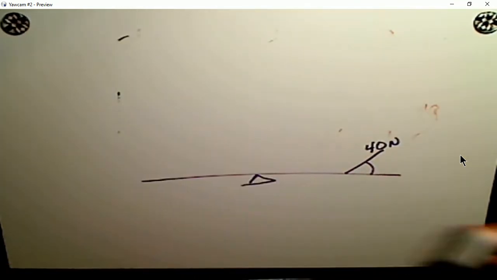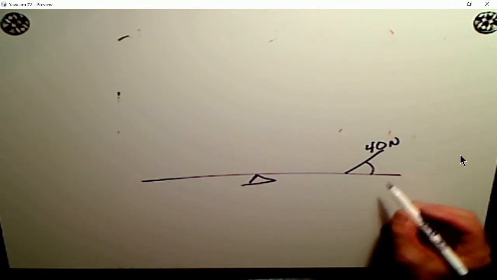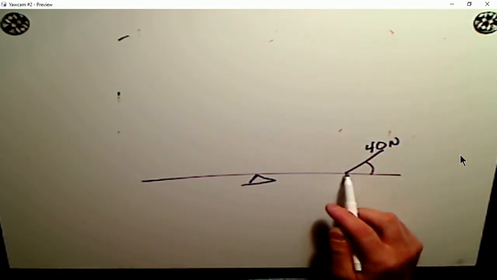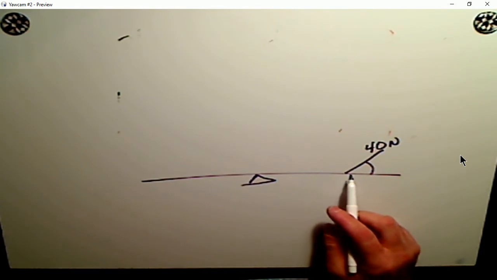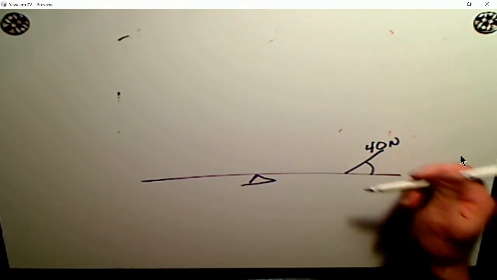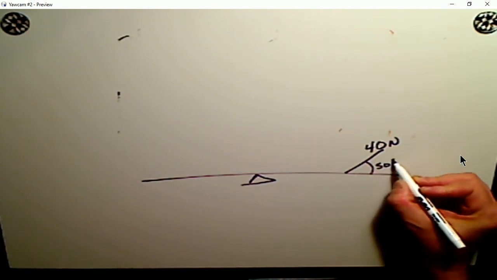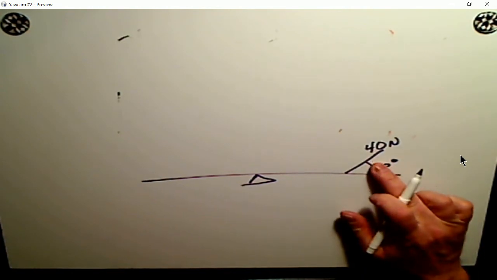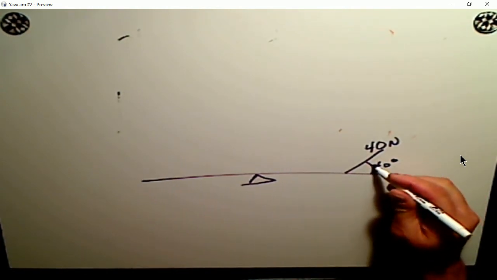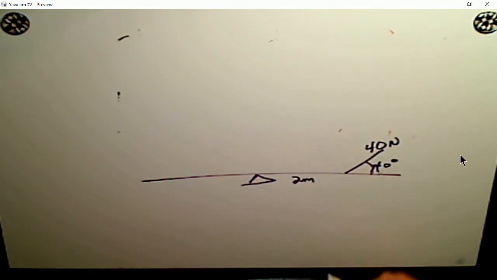Well, if I'm applying 40 newtons at an angle, then that's where the sine of the angle comes in. I have in a sense diluted my force. It's not nearly as strong as if I was perpendicular. It is at an angle, and let's give this an angle of, say, 50 degrees. Well, I have it already figured out at 40 degrees, so let's go with that. And that we're 2 meters from this edge.